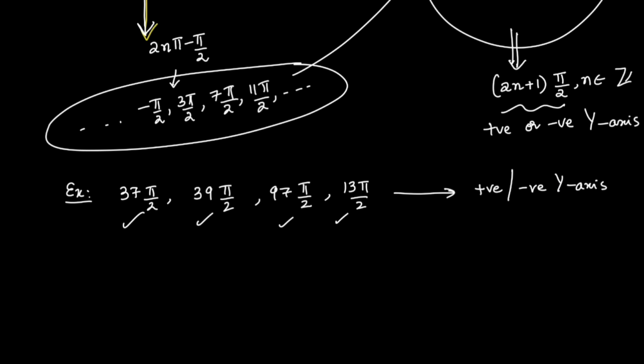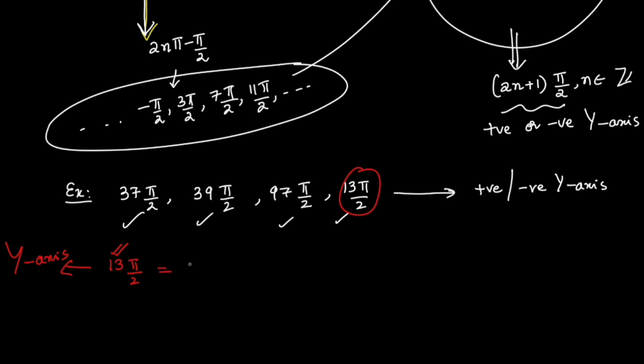If you ask exactly which one it would be, whether along the positive or negative y-axis, how do we determine? For example, let's take 13 pi by 2. This is an odd number into pi by 2, so definitely this would be along the y-axis. Whether it is along the positive y-axis or negative y-axis, how do we know?